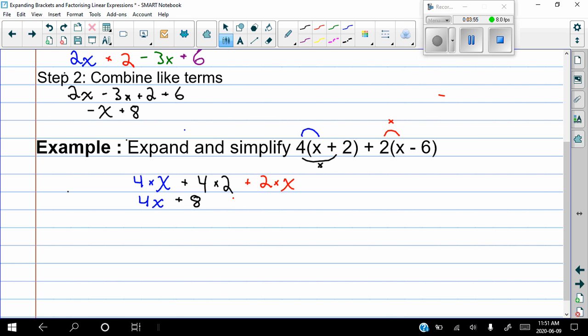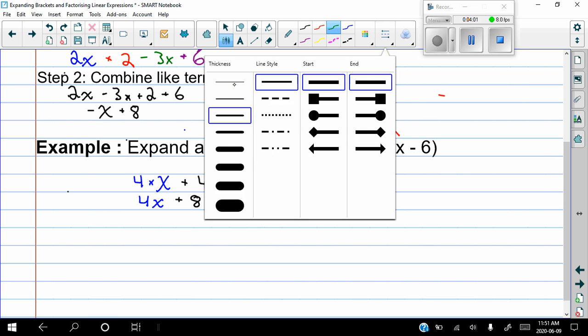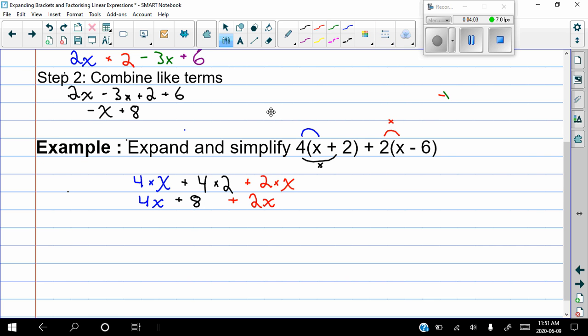And we know that simplifies down to simply 2x. And last, we have our 2 times negative 6. So positive 2 times negative 6. We know that that is going to actually be negative 12.